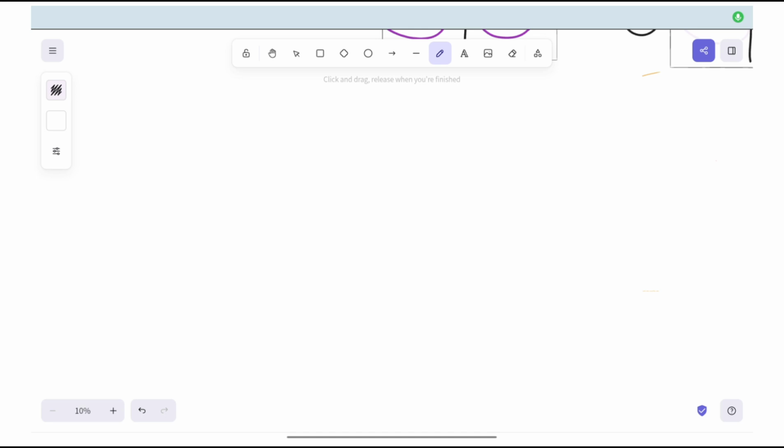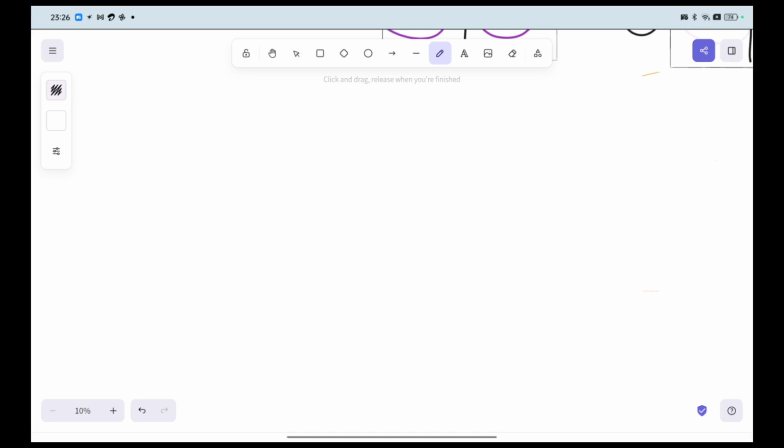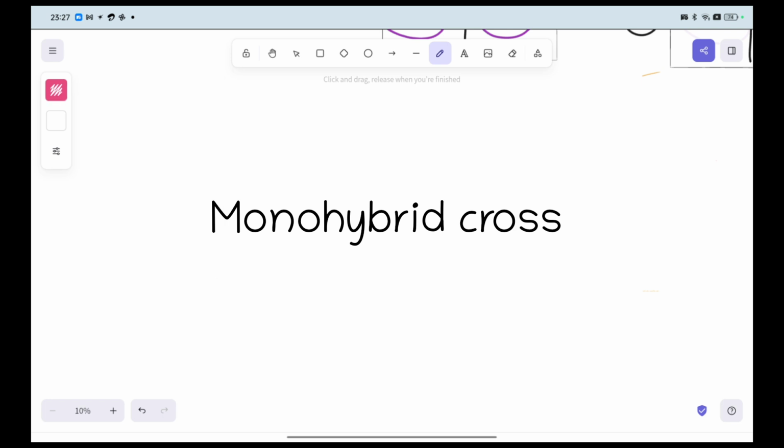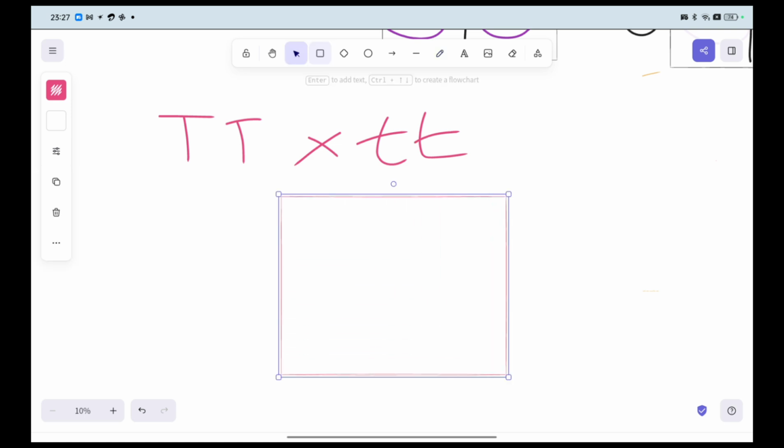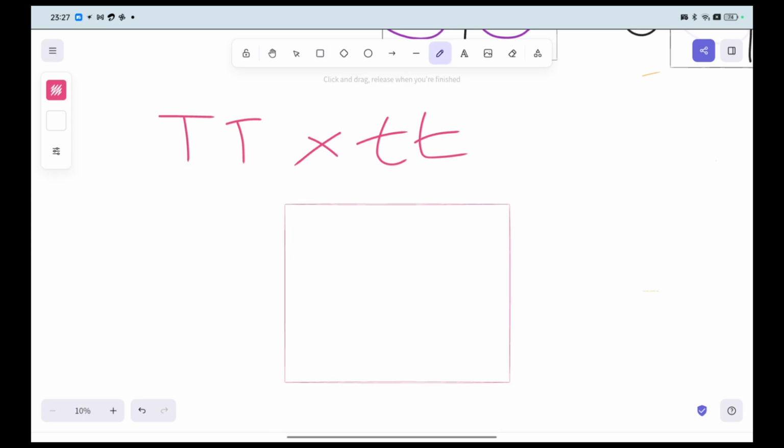Now let's know about the monohybrid cross, Punnett square and test cross. So today we are going to know about the monohybrid cross. In this, the pure tall, capital T, is homozygous dominant, pure dwarf, small t, is homozygous recessive, and hybrid tall is capital T small t, heterozygous. We have crossed them. In the parental generation we have crossed the tall, capital T, with the dwarf one.